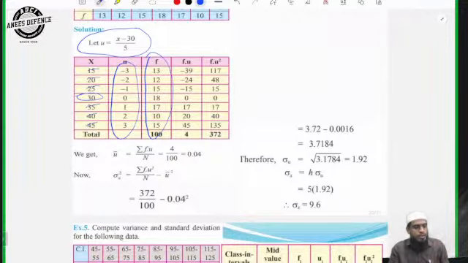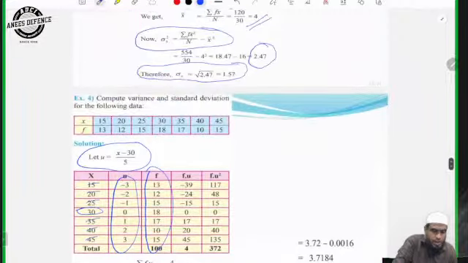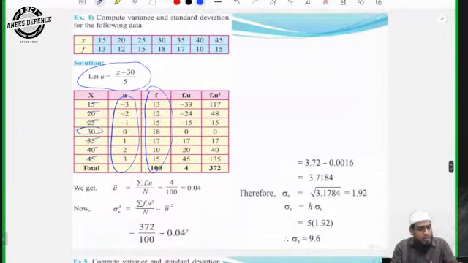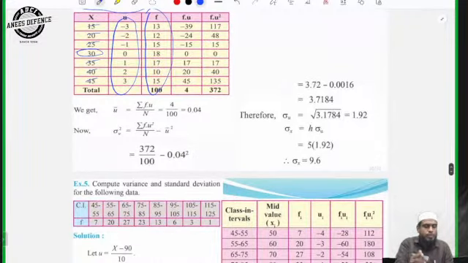Then what is the variance and standard deviation? Here we are using it in terms of x: sigma x square equal to summation of xi square by n. Similarly, instead of x, here you have to use u. That is the only difference. So instead of x1, x2, x3 observations, we have to take u1, u2, u3, etc. up to un observations.